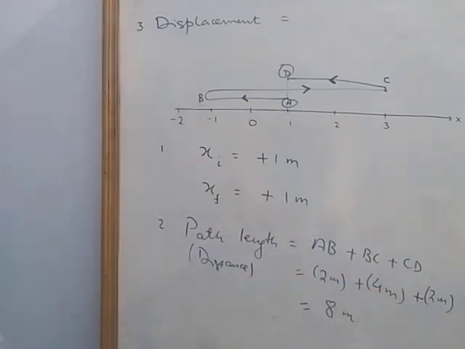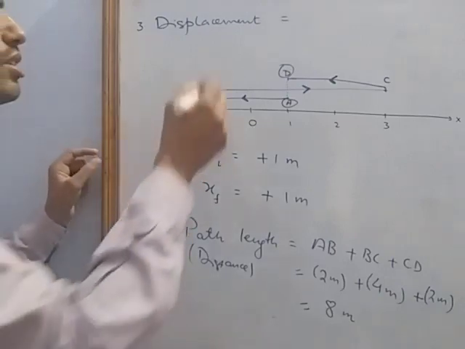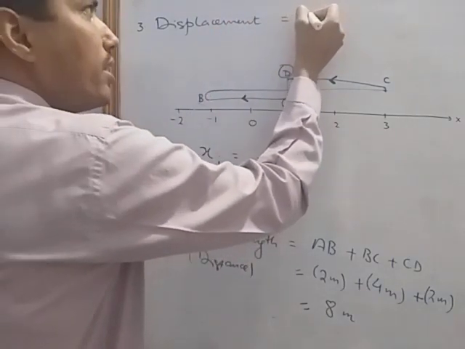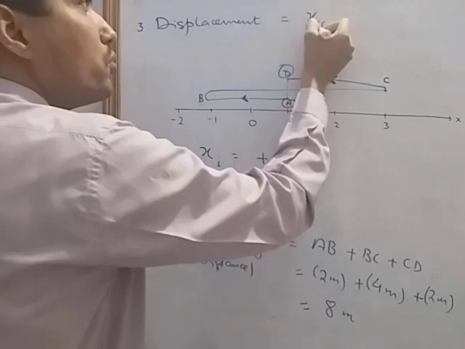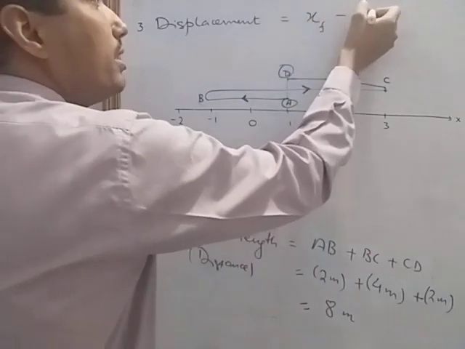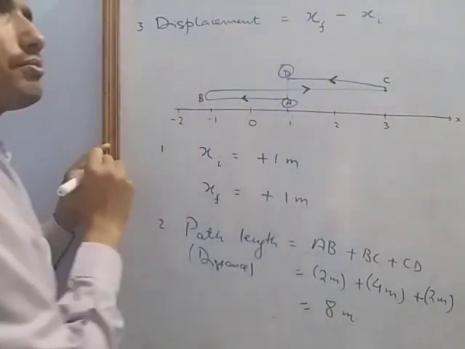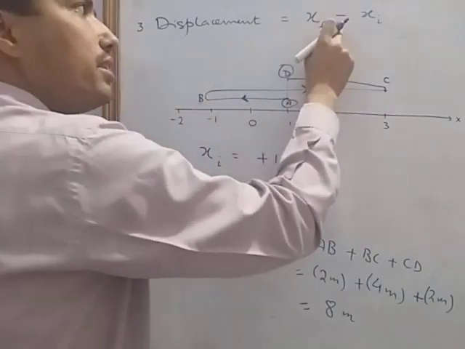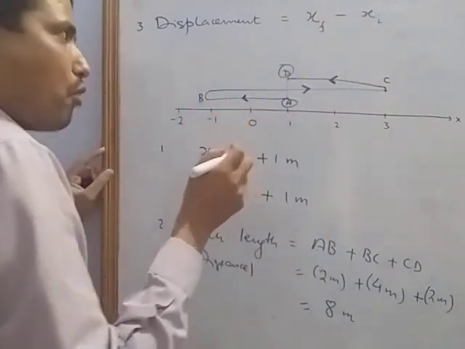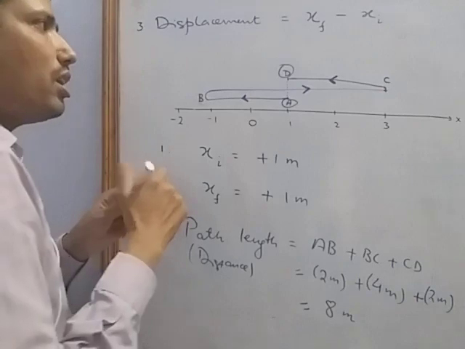So we have got the initial and final positions. We have also got the path length or distance. The third one is displacement. It is obvious. I have told you, students, how to find it. We find displacement using the formula xf minus xi, final position minus initial position. For displacement, I have told you, remove the path.